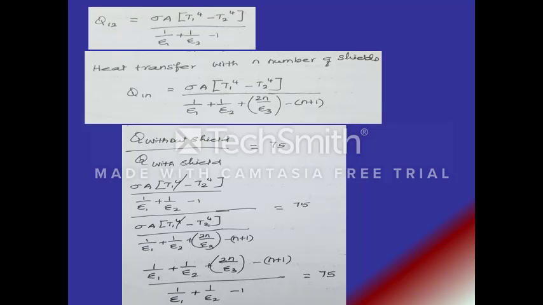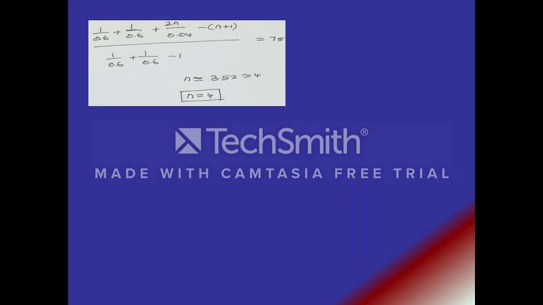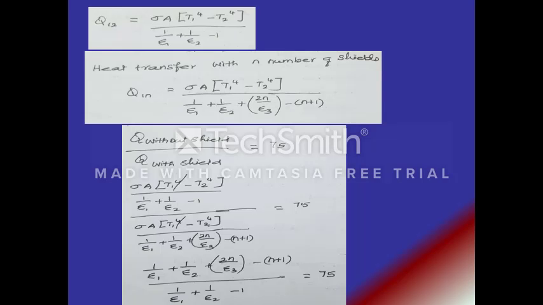Here sigma into A into T1 power 4 minus T2 power 4 is common in numerator and denominator. You just cancel that. And if you simplify, you will get 1 by epsilon 1 plus 1 by epsilon 2 plus 2 times n by epsilon 3 minus n plus 1, divided by 1 by epsilon 1 plus 1 by epsilon 2 minus 1, is equal to 75.